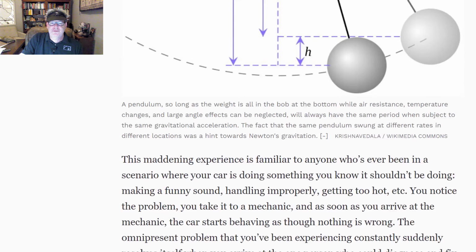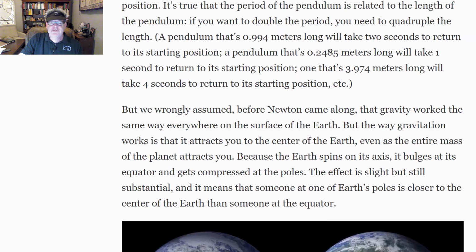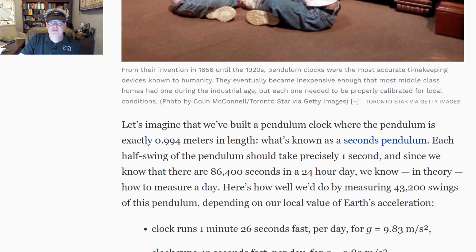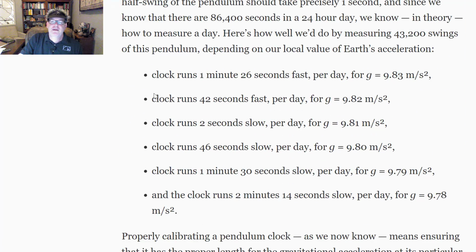Let me quickly scroll to it somewhere around here. Again, the link will be in the description. There we go. They give how much the clock will run fast or slow for the different g's. Notice these g's are changing by exactly 0.01. As they go down by 0.01, the period is increasing by exactly 44 seconds per day.